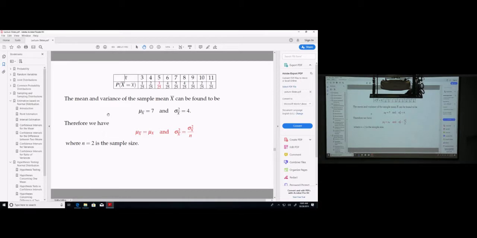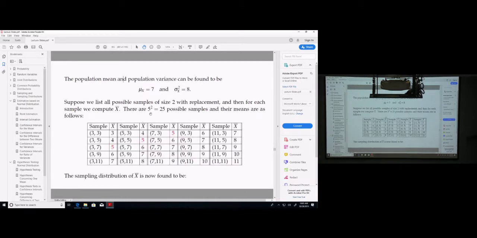This is an example where we can actually write down the actual distribution of X bar, the sample mean, if you pick 2, and your population has only 5 possible values. This is an exhaustive way of listing out the whole thing.